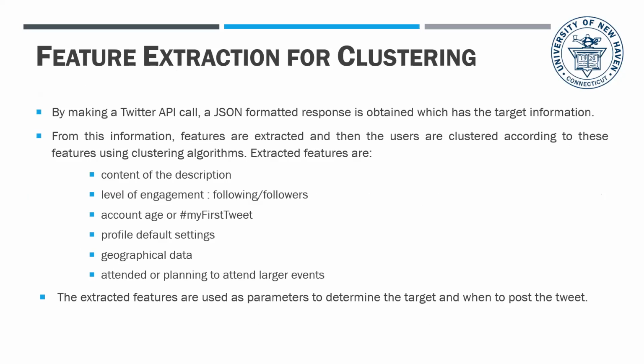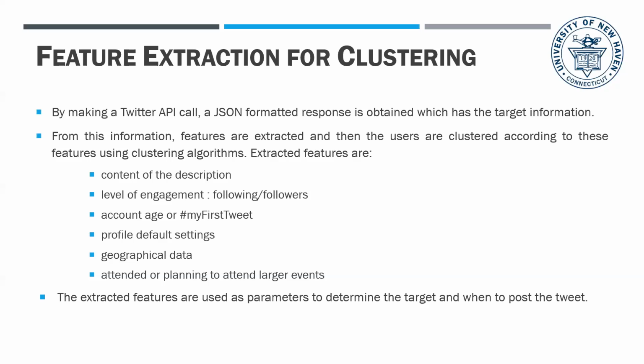These features are extracted by using an API call, and the obtained information is in JSON format. The extracted features are the content of the description that is available just below your profile, the level of engagement, followers or following, the age of the account by using the hashtag my first tweet, profile default settings, graphical data, and attending or planning to attend any larger events like Black Hat conferences or any other conferences.